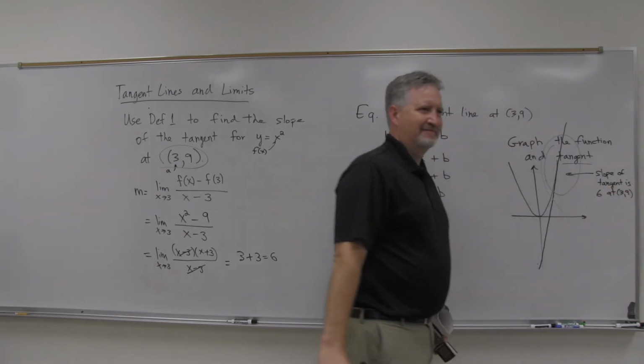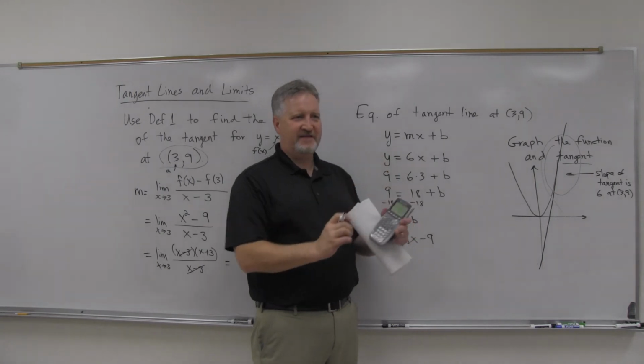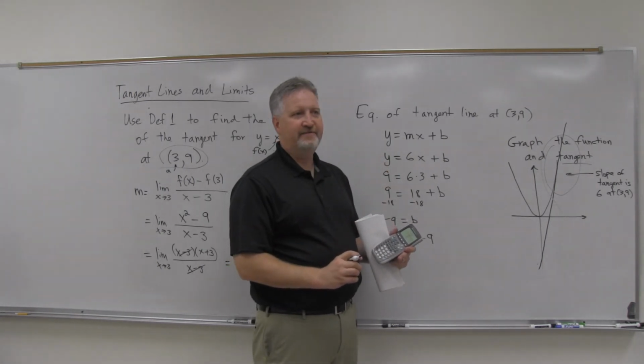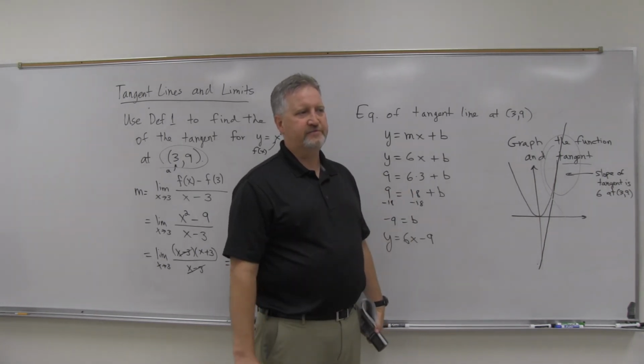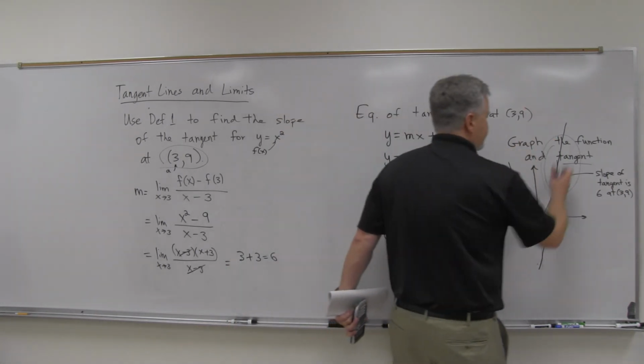What I'm saying is this. Not only can we say the slope of the tangent line is 6 at 3, 9, but the slope of the curve at 3, 9 is 6. That's the point I'm trying to make here.